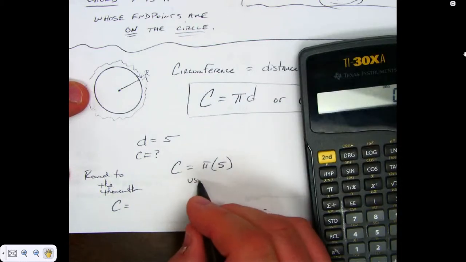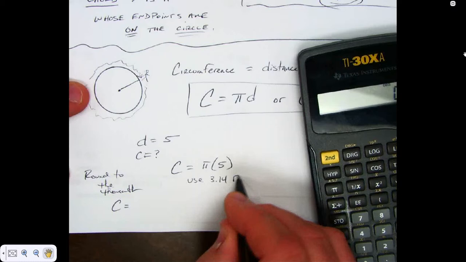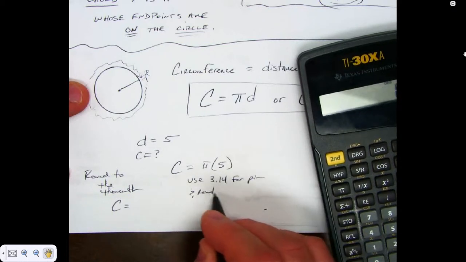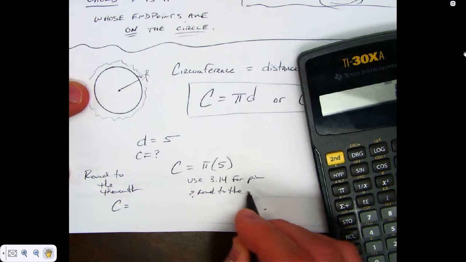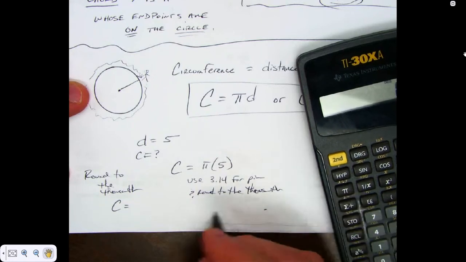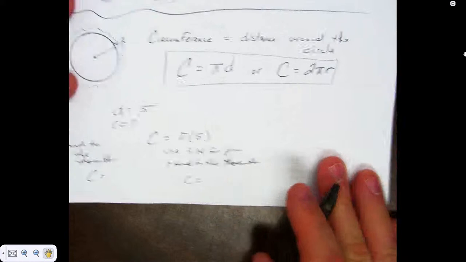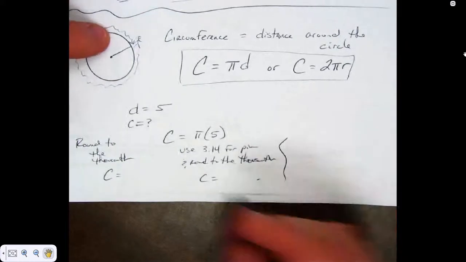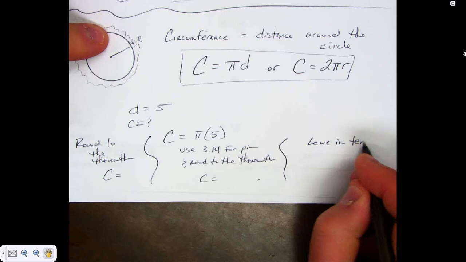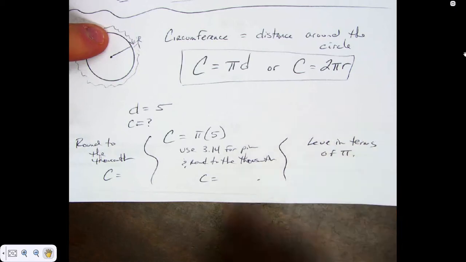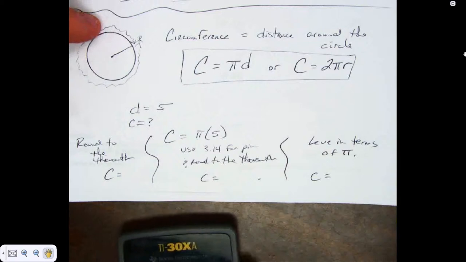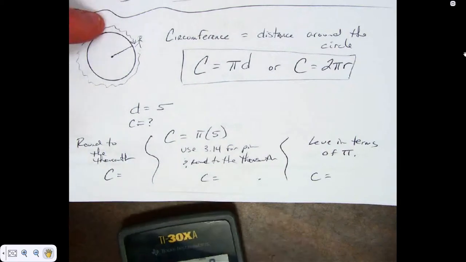Then if you saw use 3.14 for pi and round to the 1,000th. And then you might also see directions of leave in terms of pi. There's really a lot of different answers you can give there.